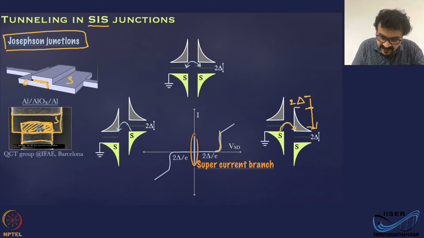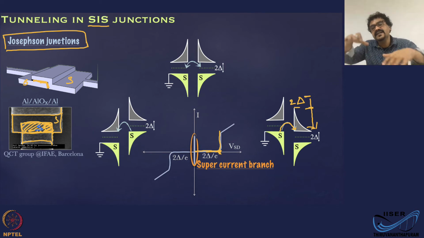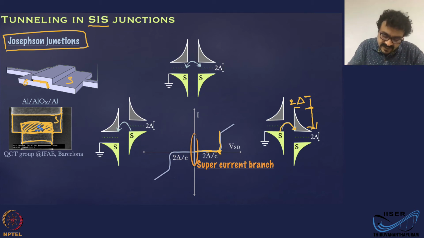There is no current due to electrons or quasi-particles in this region. And once you reach a voltage which will align the empty states on one side to the filled states on the other side, then the current will start flowing, and that's what it is.